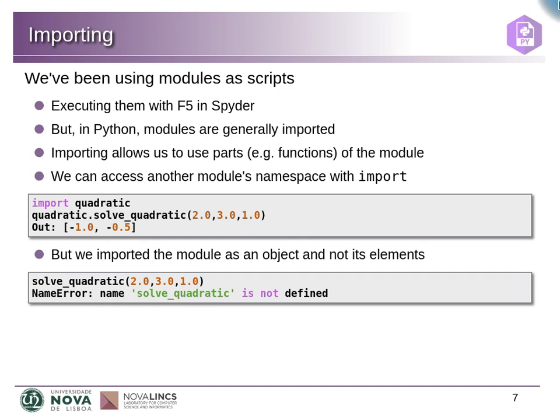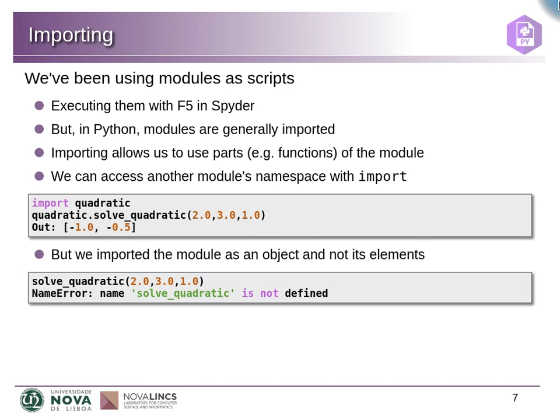For example, suppose that we stored that script for solving quadratic equations that had this solve quadratic function. We saved that as quadratic.py. Then if we are working in the same folder, we can import that module, so that file of Python code.